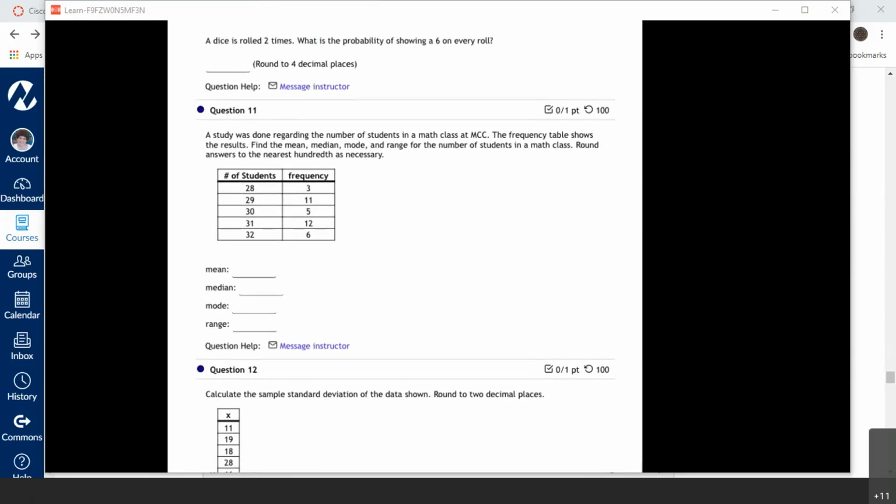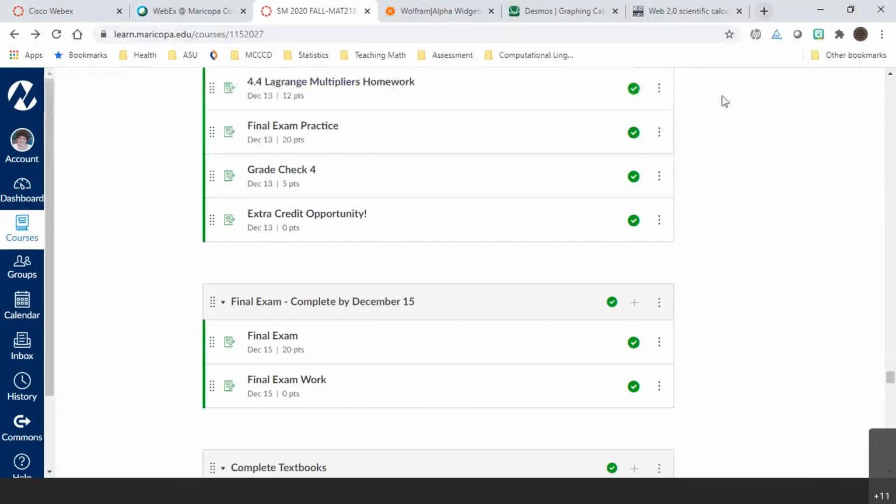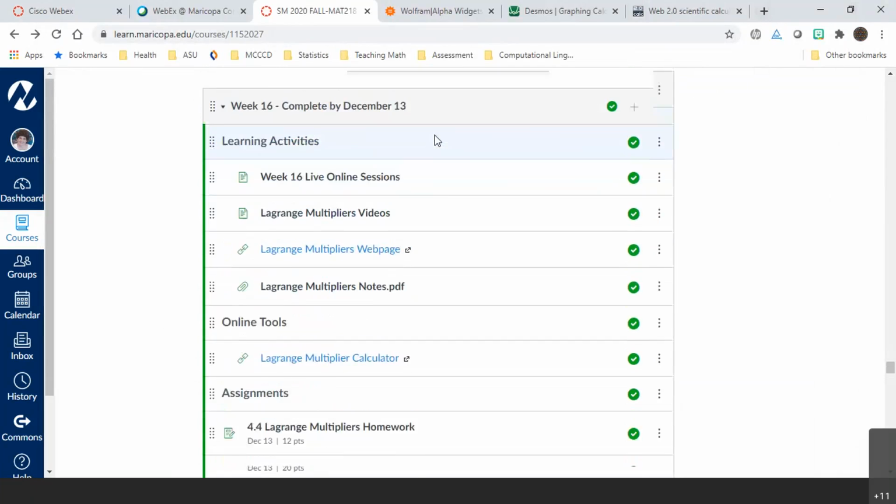Let's see what I've got here. I'm up to 11. This one, number 11, is strictly getting mean, median, mode, range. In your course, let me go back and show everybody where all the calculators are. Here's week 16 where we are.